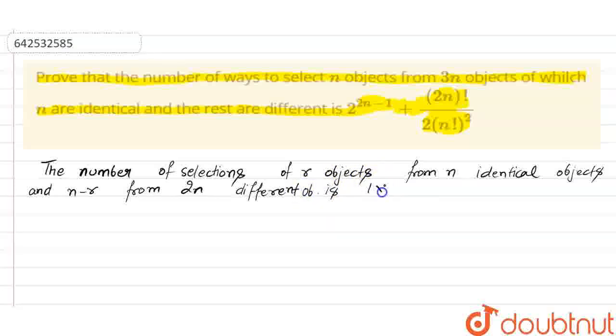We can write it as 1 into 2n c n minus r.